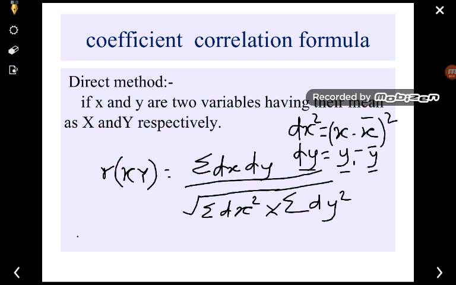And if you are asked to find out dy square, then squaring y minus y bar will give dy square. So R of xy is equal to summation of dx into dy divided by square root of summation of dx square into summation of dy square.